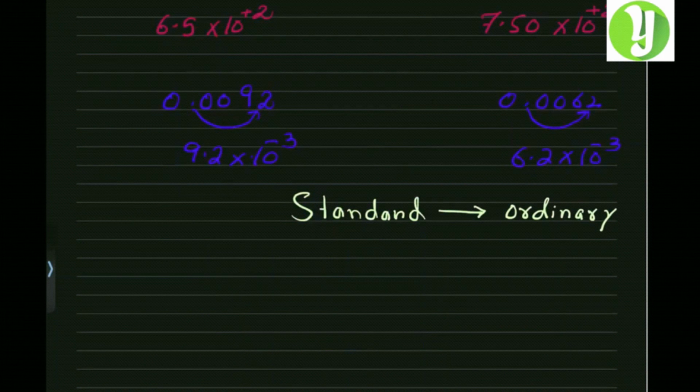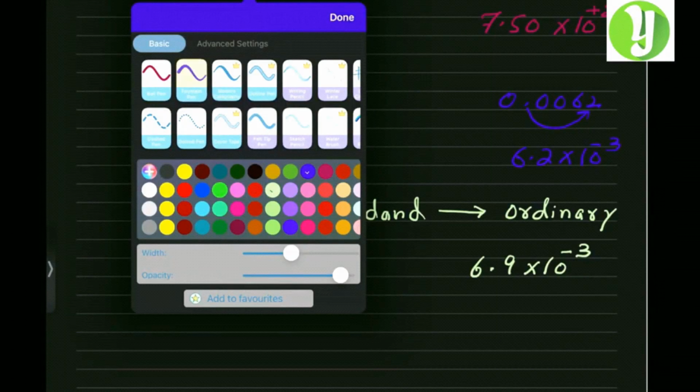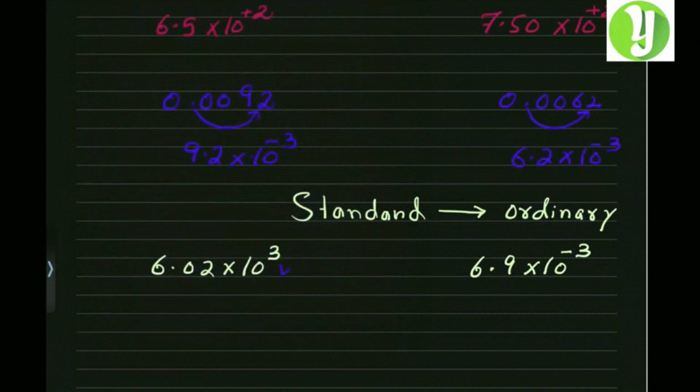Now in that case, for example, if we have a number 6.02 times 10 to the power of 3, and we have a number 6.9 times 10 to the power of minus 3. So it's quite easy for you. For example, if I convert the very first number, it's a standard form number by the way, because it fulfills the condition, because it looks like a times 10 to the power of n.